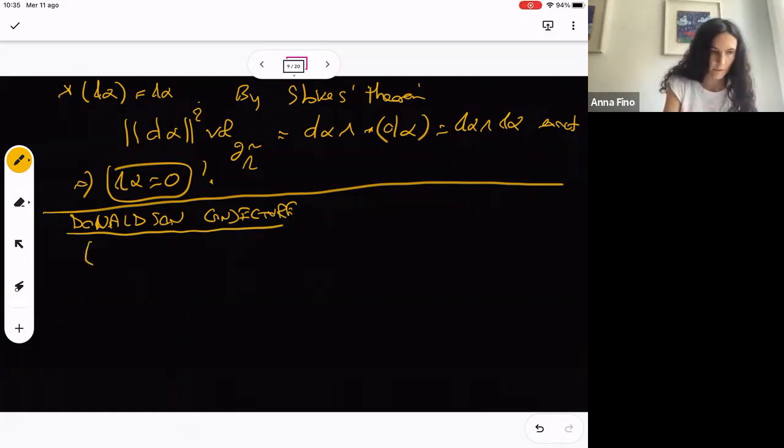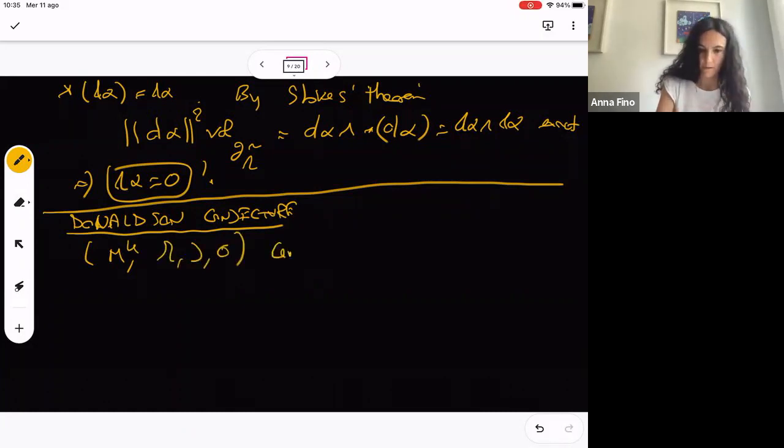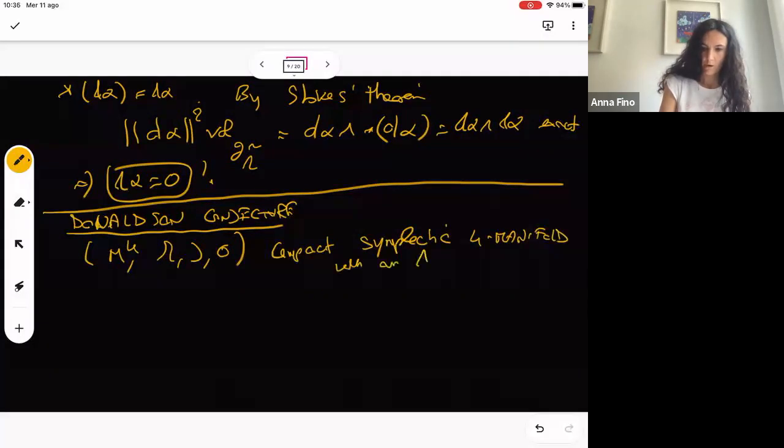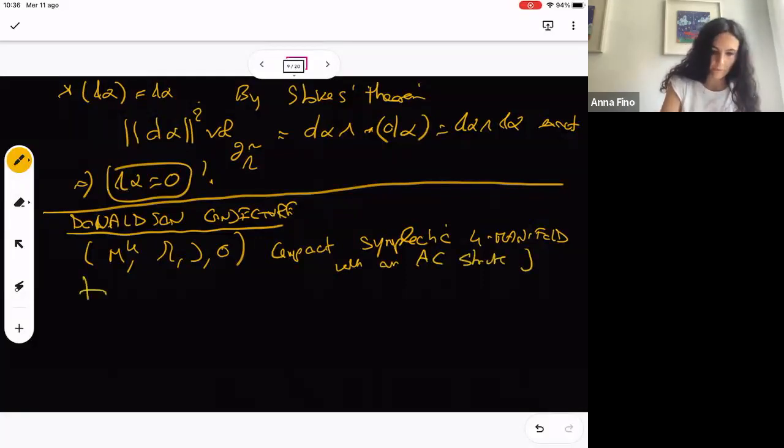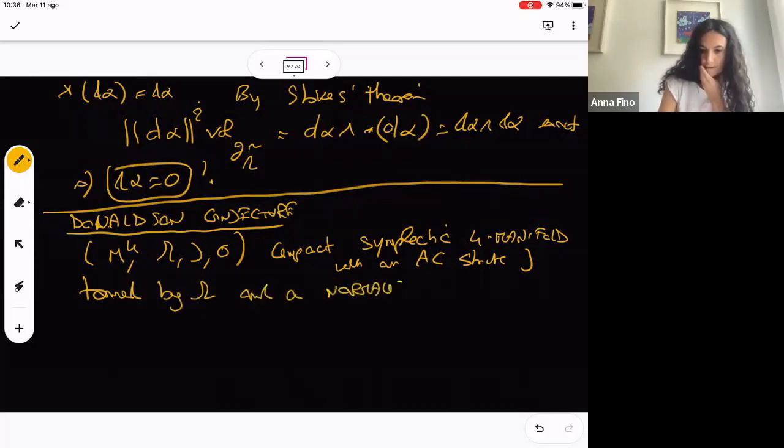Let's start with a compact symplectic 4-manifold, with data omega, J, sigma, with an almost complex structure J, and impose that it is only tamed by omega, and sigma normalized in the sense that I wrote before.